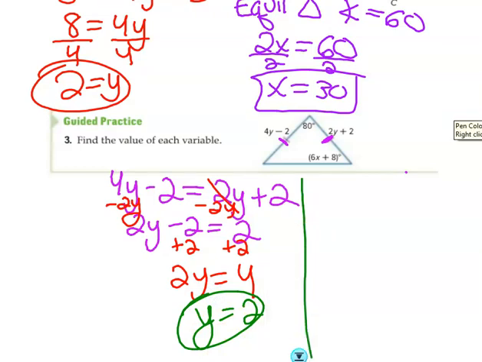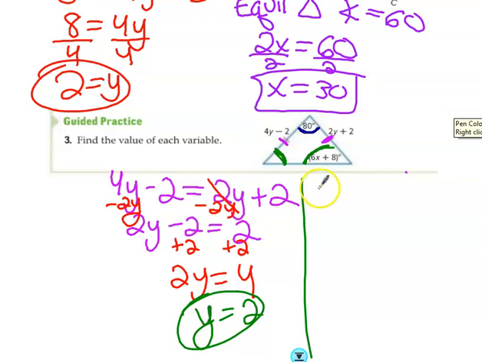So that's my vertex. And then I have this angle and this angle that are congruent. Now, I don't know anything about the bottom, so I can't prove that 6x plus 8 equals 80. But what I do know is that these two angles are congruent to each other, and I can use that with the 80.